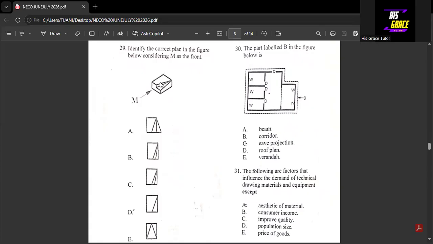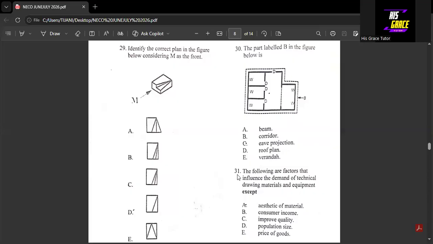Looking at all the options provided, option D is the answer to question 29. Question 30 says that the path labeled B in the figure below is a projection. Whenever we are to show a projection in the floor plan, we use short dashed lines to represent it. So option C is the answer to question 30.